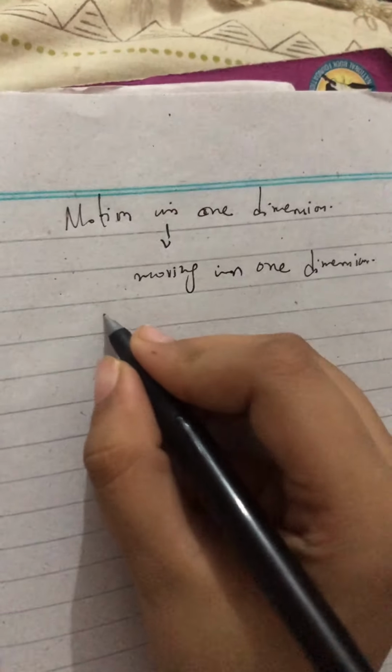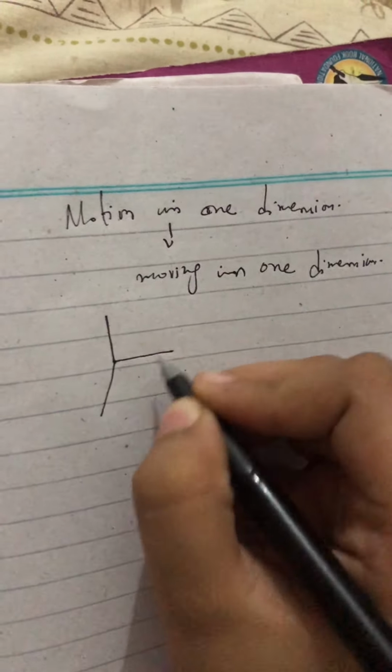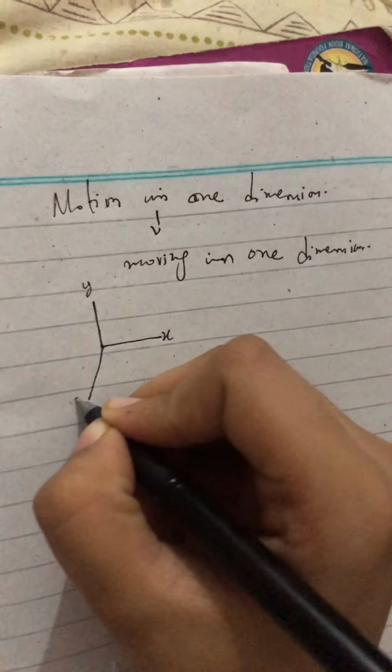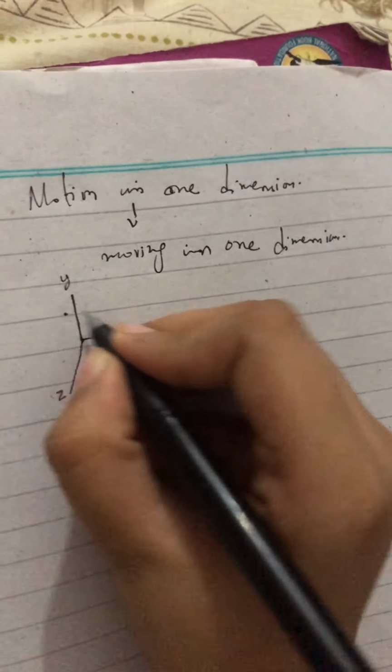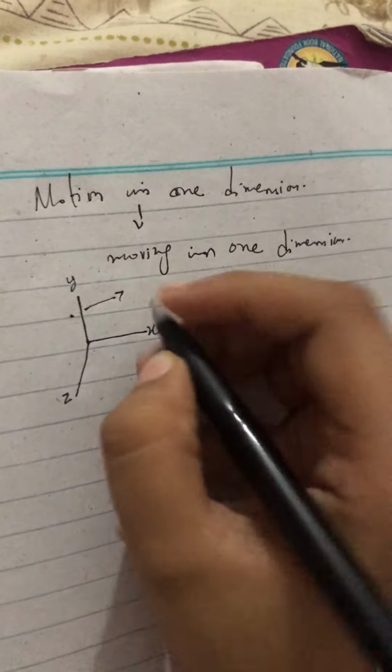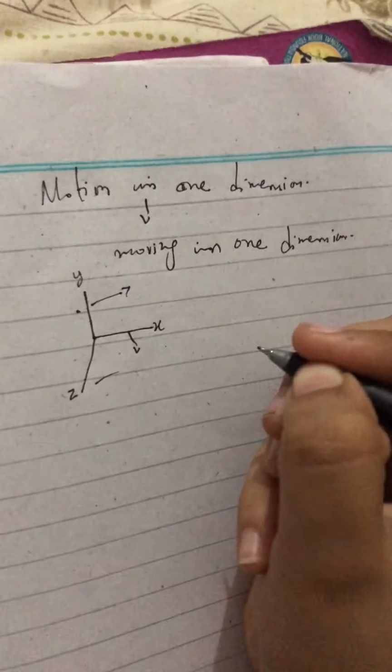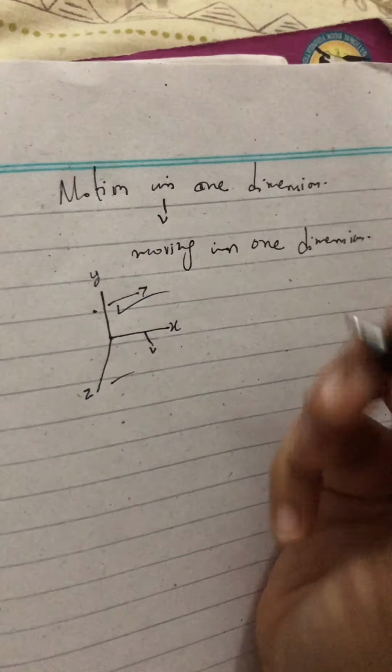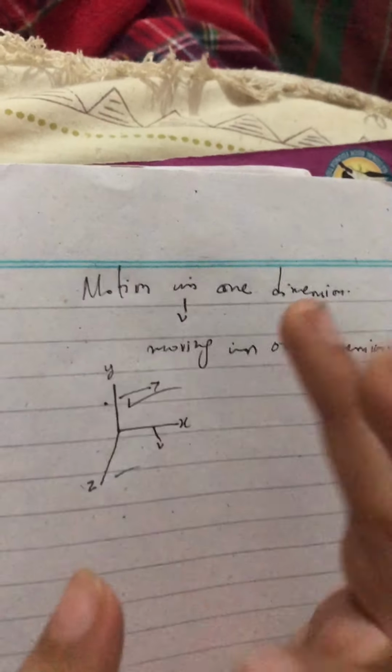We can say that is a motion in one dimension. Like we are having axes, right? This is x, this is y, and this is z. The body will be moving either in y, or in x, or in z. It will be moving only in one direction. That is called the motion in one dimension.